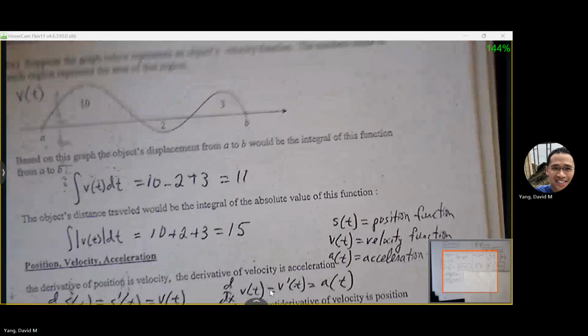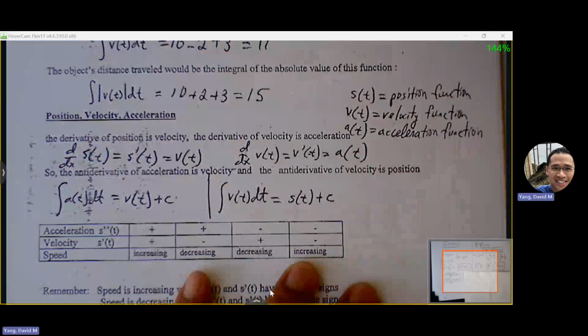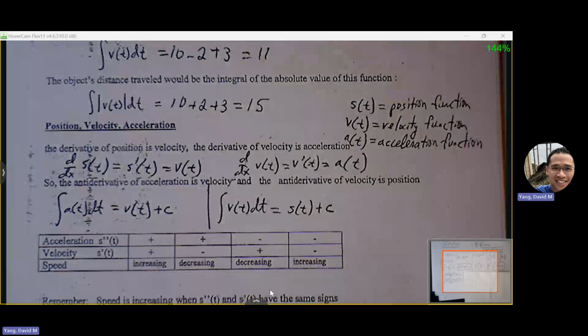Okay, final thing, and then we can stop. This is just going backwards with position, velocity, acceleration. We know that position's derivative is velocity, and velocity's derivative is acceleration. So if we go backwards, that's the antiderivative relationship. The antiderivative of acceleration is v of t plus c.